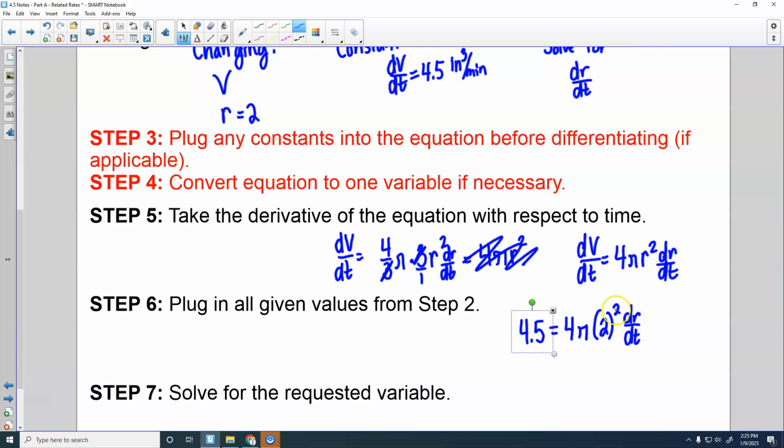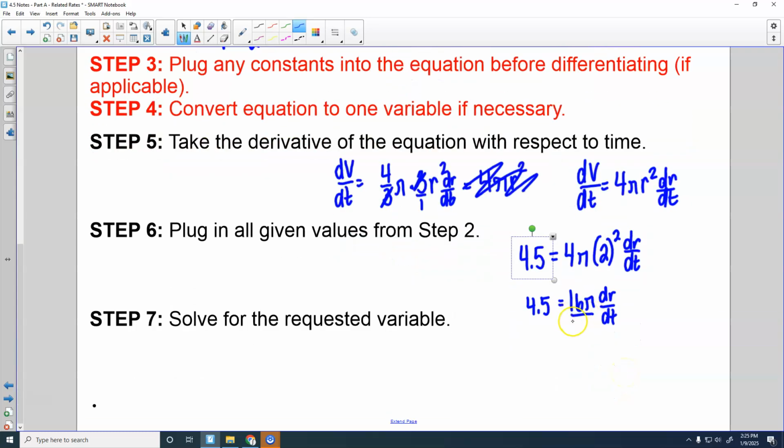And so 2 squared is 4, times that 4 gives us 16 pi, and then we'll divide by that 16 pi. I'm going to just use the calculator on that because I don't like decimals inside of fractions. And I'm getting 0.0895 as my dr/dt.